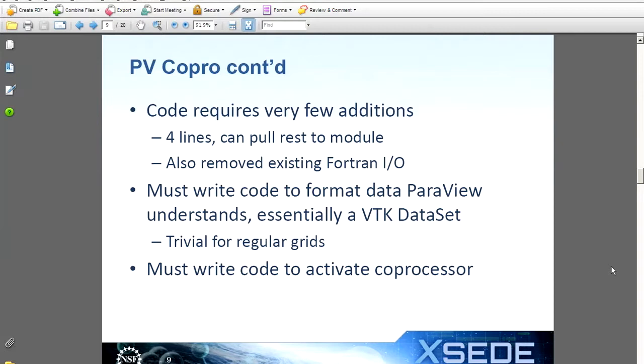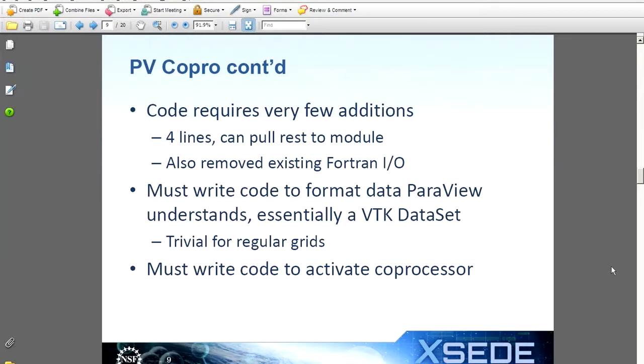So as far as a student is concerned, looking at the simulation code, it's very clean. It doesn't change the structure at all, and you get all of this functionality with it. You do have to write some code, and you actually have to do this with VisIt to some extent as well. You have to make sure that the data that the simulation is outputting is something that ParaView can understand. So that's essentially a VTK data set.